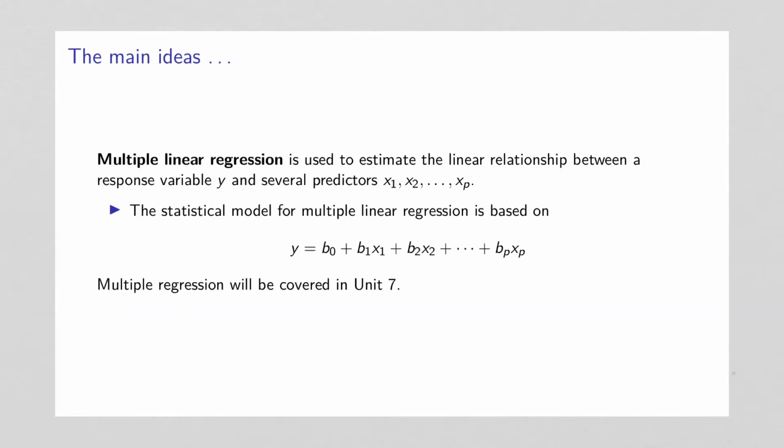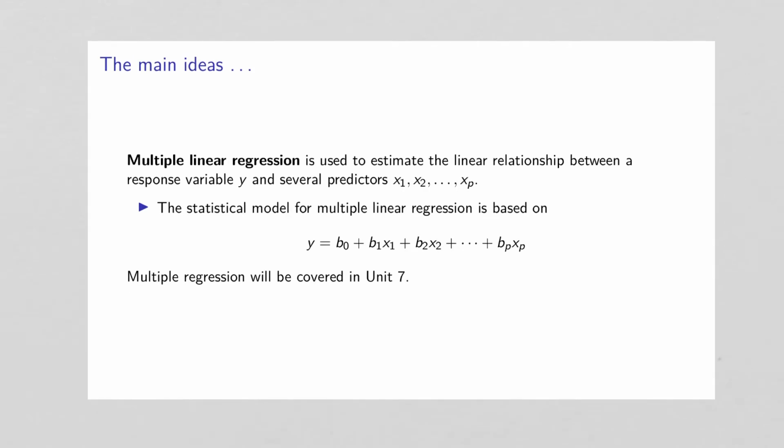There you go. Multiple linear regression is used to estimate the linear relationship between a response variable and several predictors. It's a little bit more complicated, right? It's hard to do on a two-dimensional image like this, because you have an x here, that's x1, and y, but how do you do the x2? It's a little more complicated.